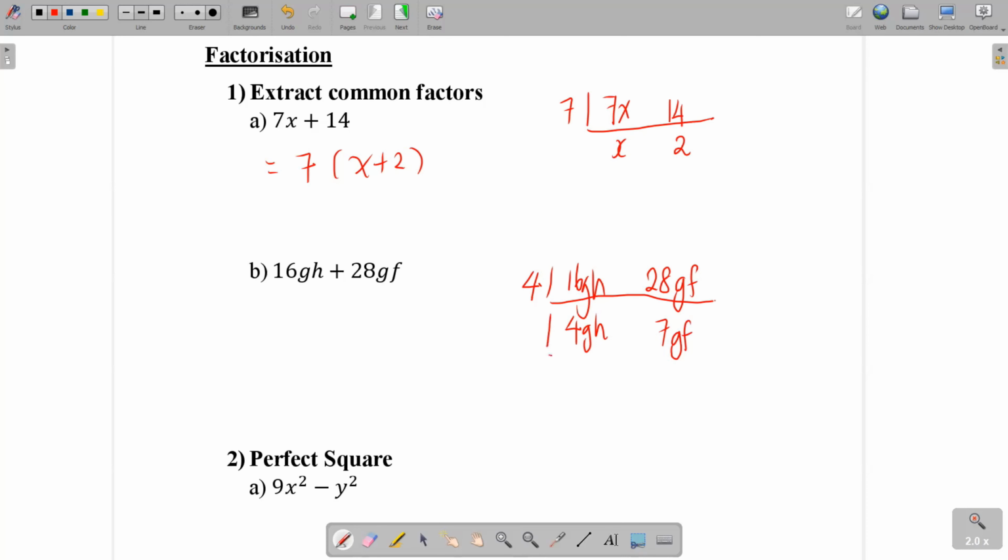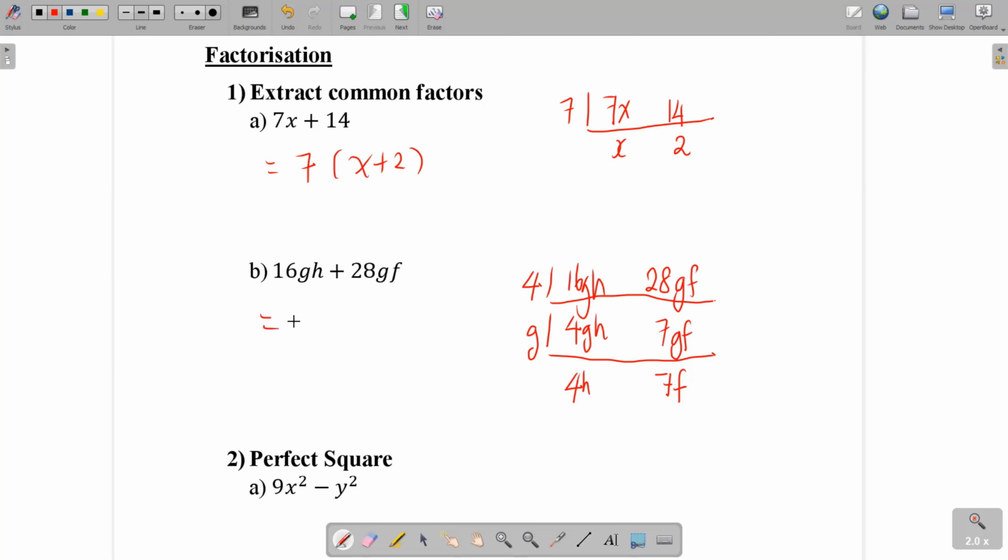Okay, we are not done yet because we have 4GH and 7GF here. So now the next common factor is G. After we divide by G, we have 4H, and this we're left with 7F. Okay, so we are done extracting the common factor.